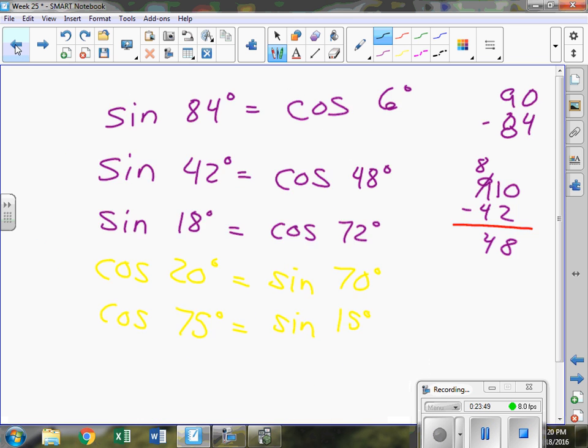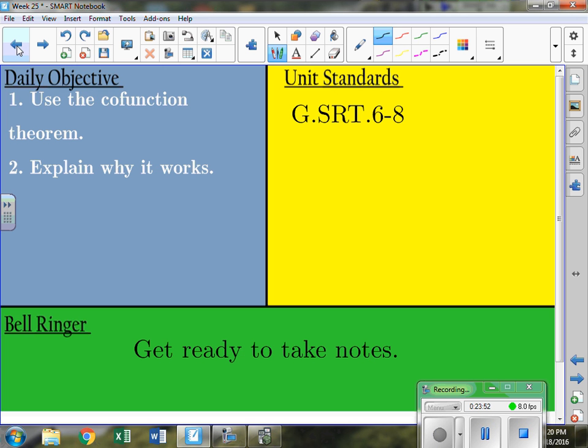And that's really it for this entirety of standard number 7, using the cofunction theorem. Using it is no more complicated than saying the cosine of 19 degrees is the sine of 90 subtract 19, which is 71. That's using the cofunction theorem.